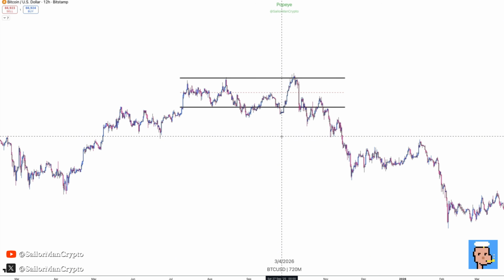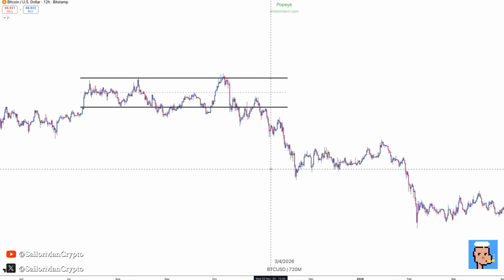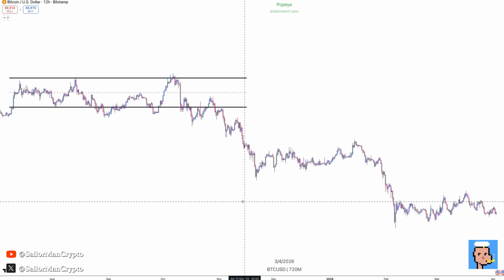So you have these 3 boundaries, and you have to have a certain number, 1 or 2 touches on each side of the extreme, and also some touches, some interaction in the middle, to confirm that this range has a meaning. This range has been formed at least a little bit.